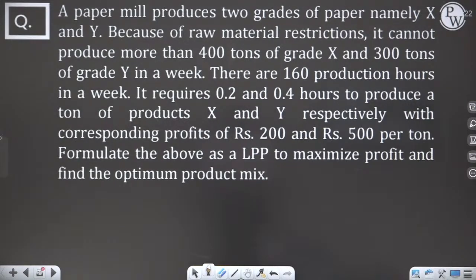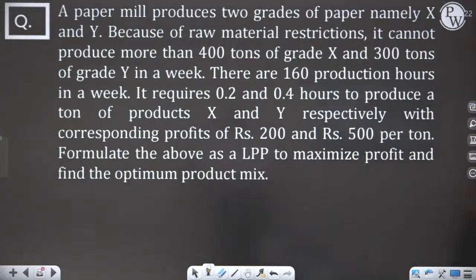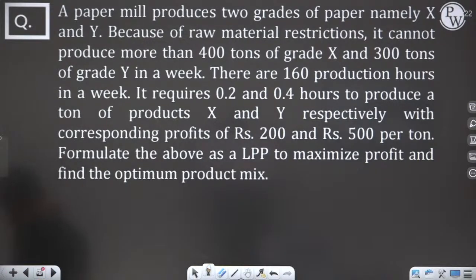I'm going to give you 2 minutes or 5 minutes. Meanwhile, you try to solve, then after I will solve. Just make the constraint equation only.